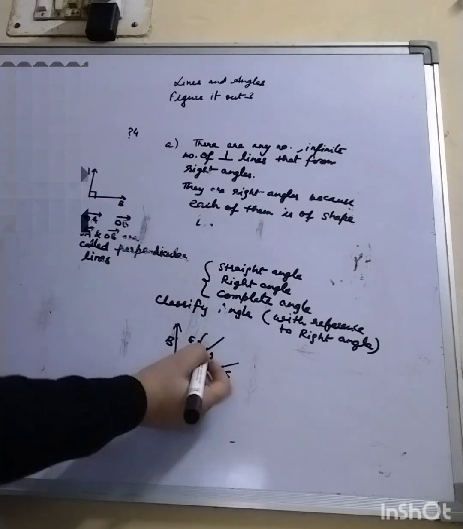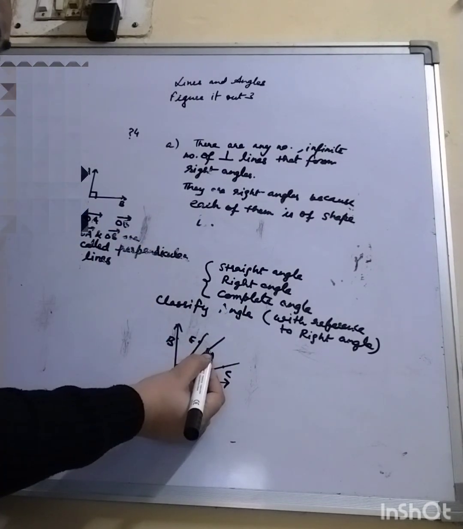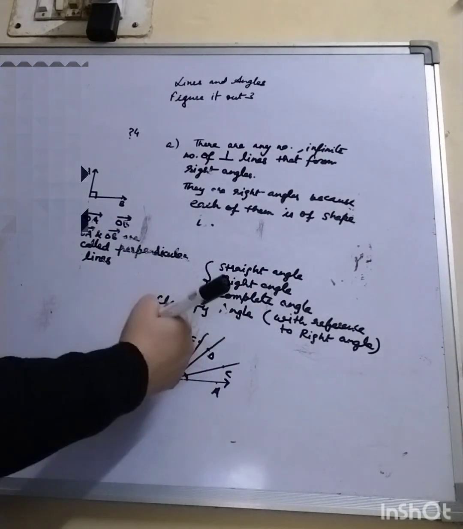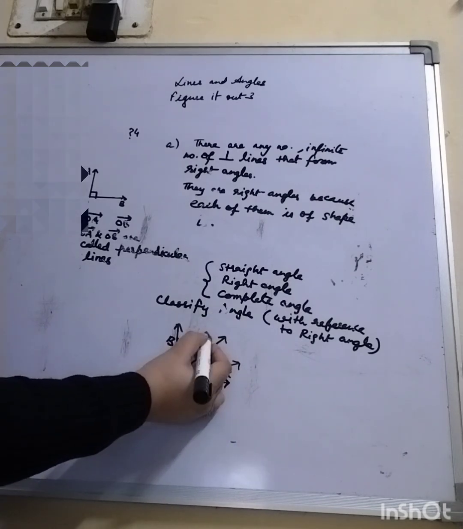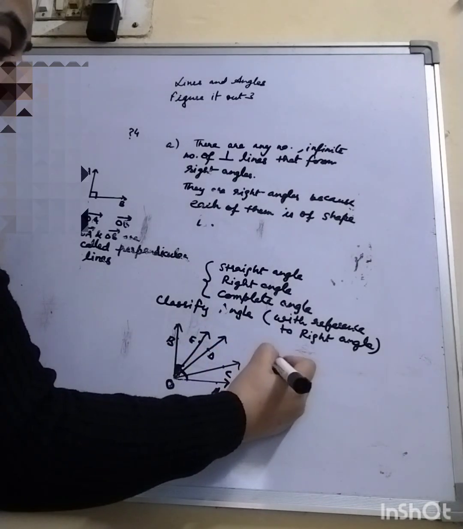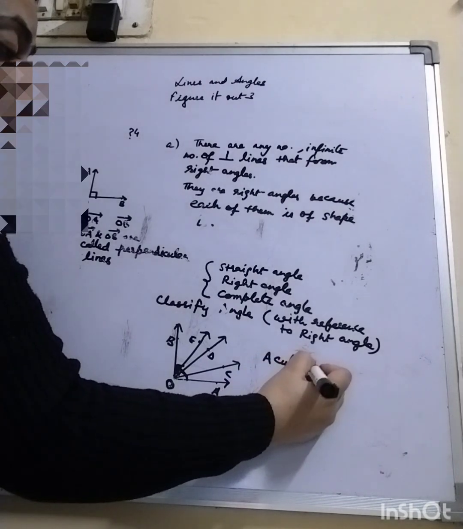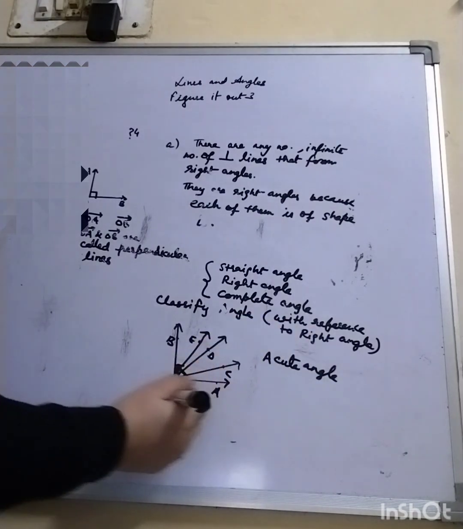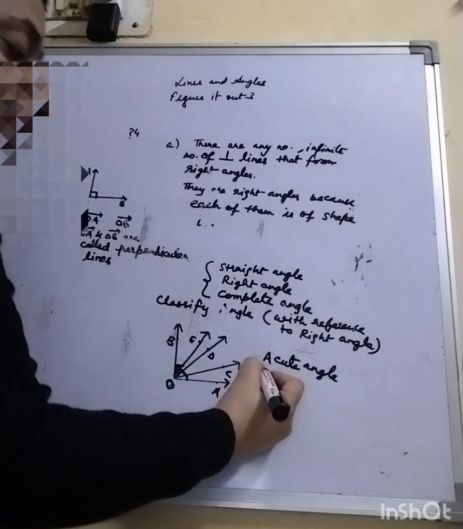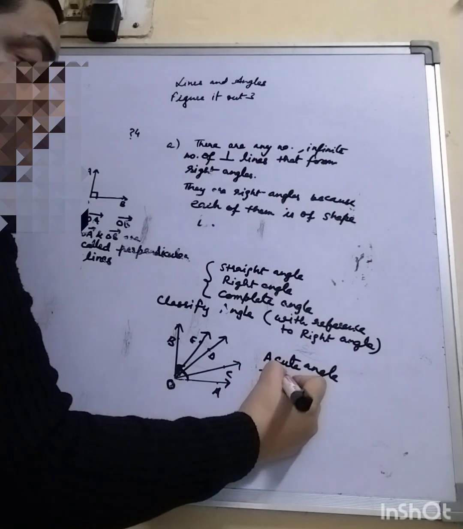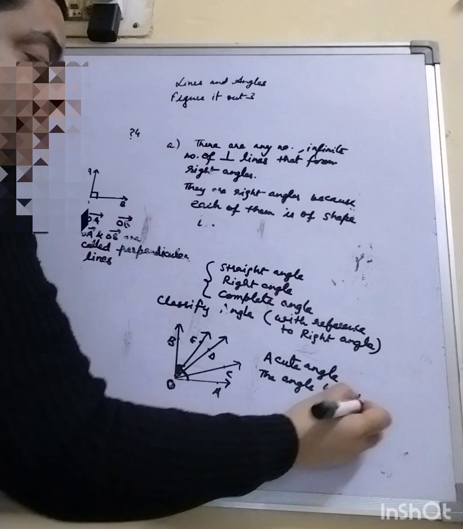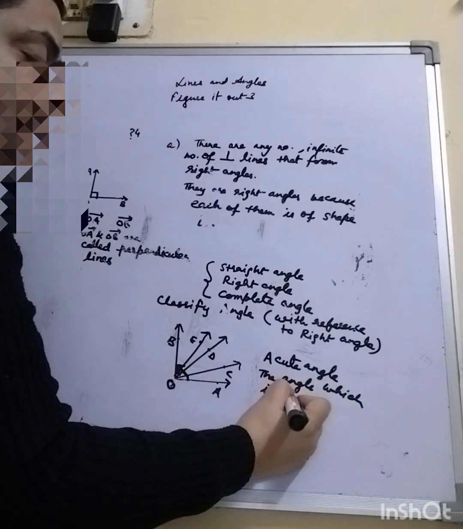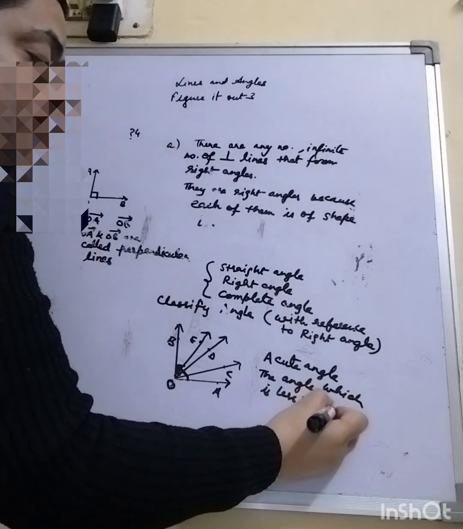All the points lying on the right side of the right angle in this case would form the first type of angle, which is called an acute angle. Acute angle means the angle which is less than a right angle.